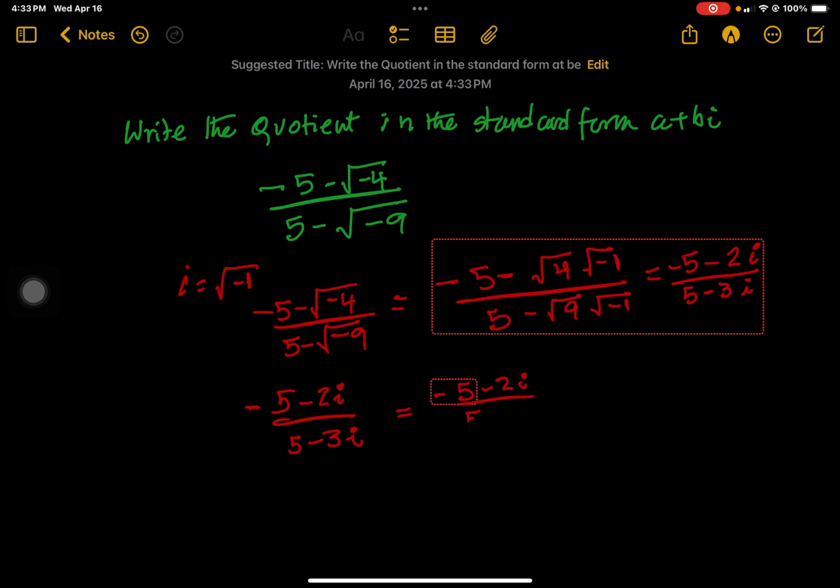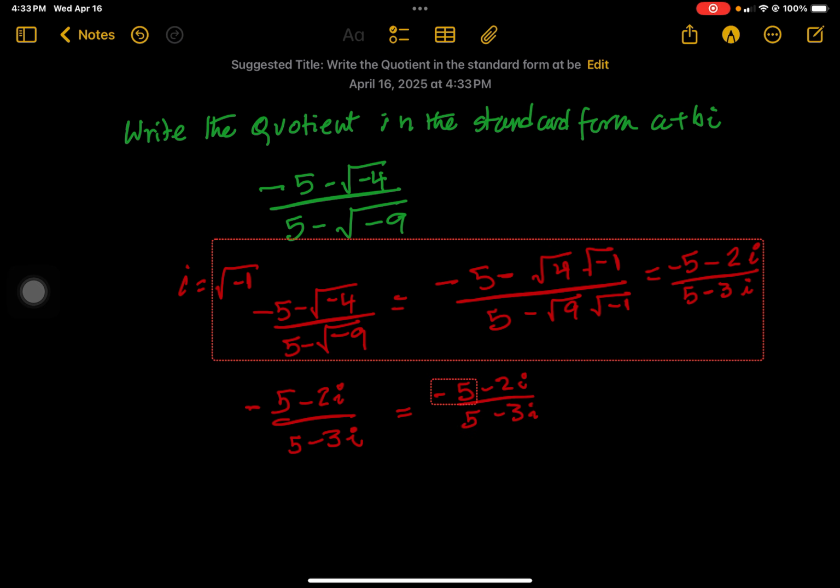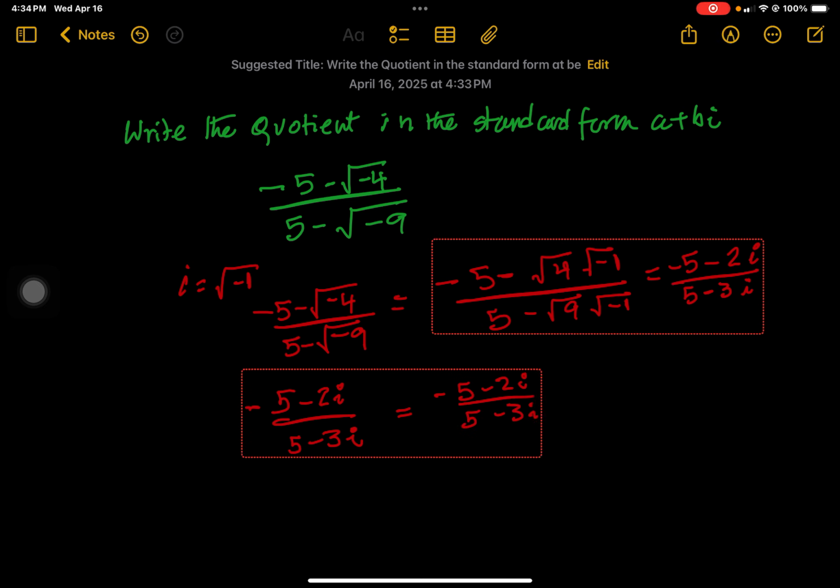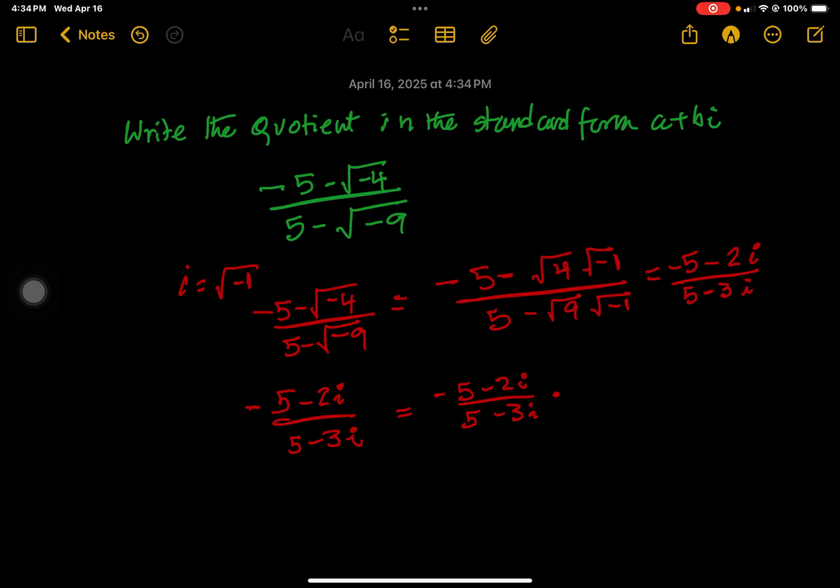So this can be written as 5 minus 3i, and remember we multiply by the opposite sign of the term in the denominator, so that will be 5 plus 3i, and we multiply by the same quantity in the numerator too.